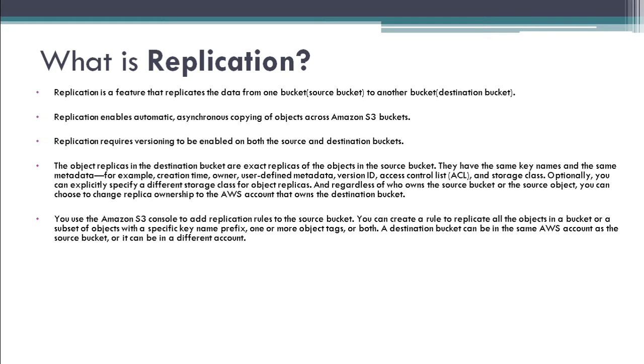You can use the Amazon S3 console to add replication rules to the source bucket. You can create a rule to replicate all the objects in a bucket or a subset of objects with a specific key name prefix, one or more object tags, or both. A destination bucket can be in the same AWS account as the source bucket, or it can be in a different account.